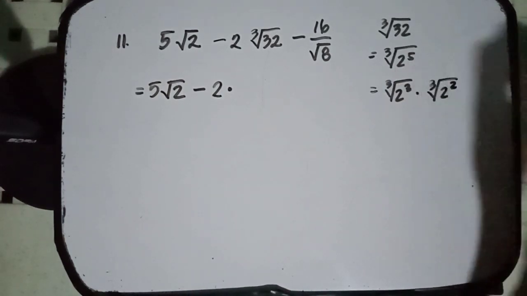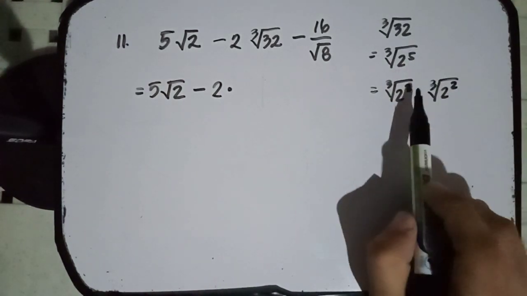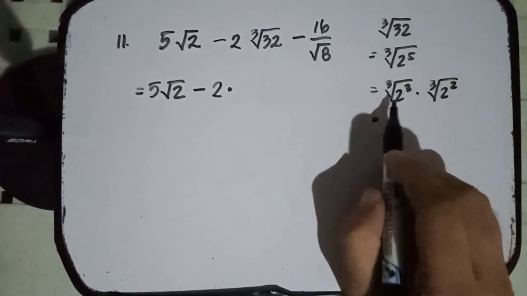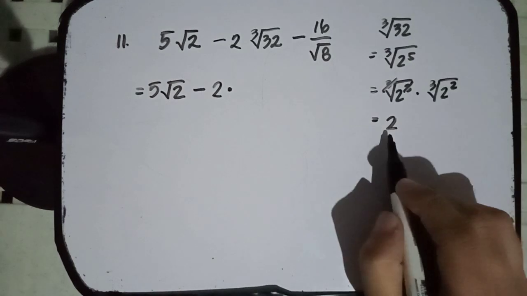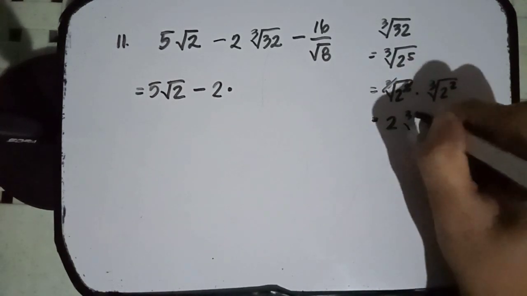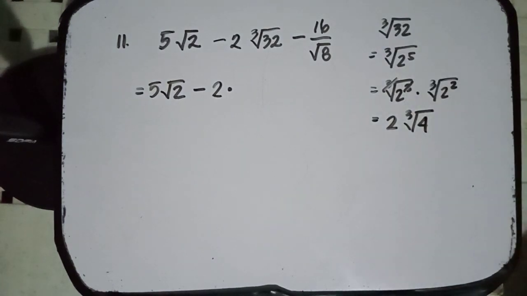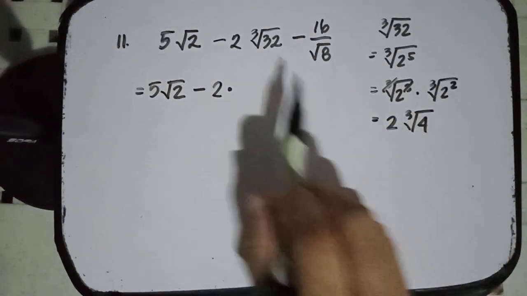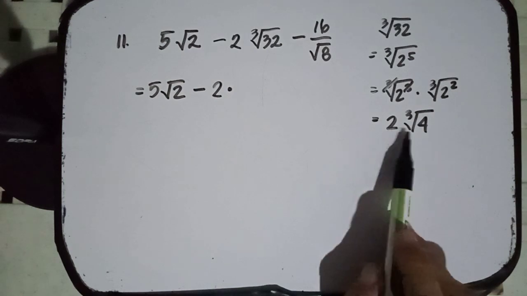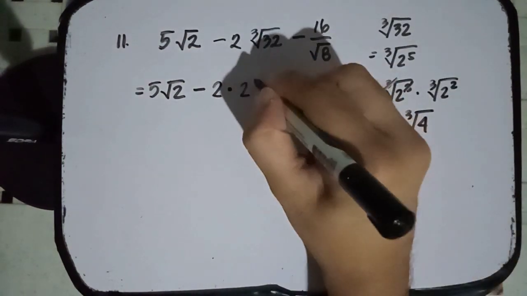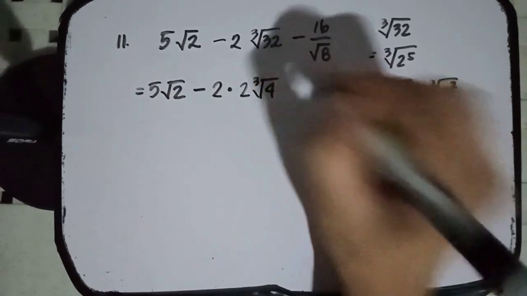Okay, 2 squared. 5, kinuha natin 3, 2 na lang ang natira. Okay, and then extract the cube root. So we have 2 cube root of 2 squared, that is equal to 4. Okay, so from here, na-simplify na to this one. So isulat natin yung 2 cube root of 4.